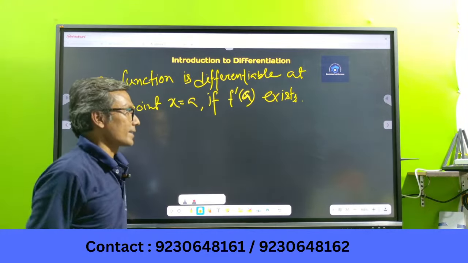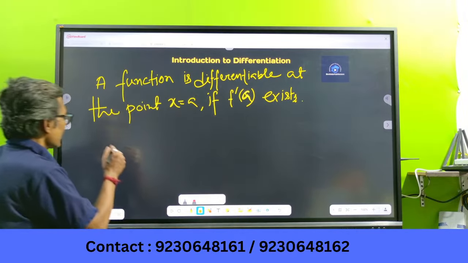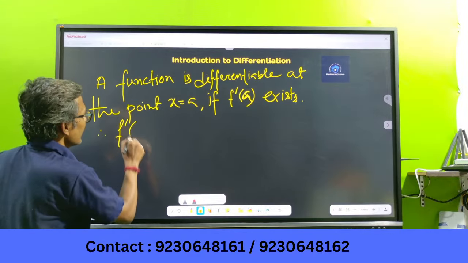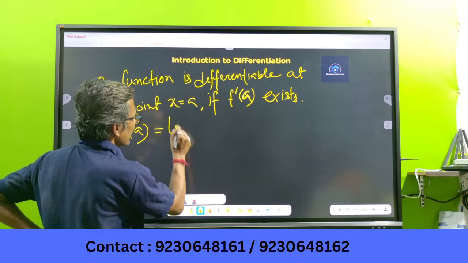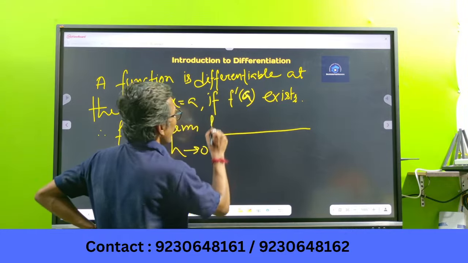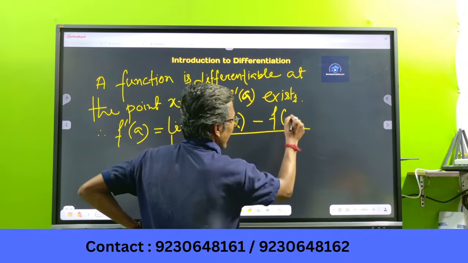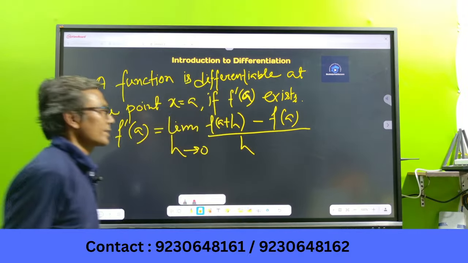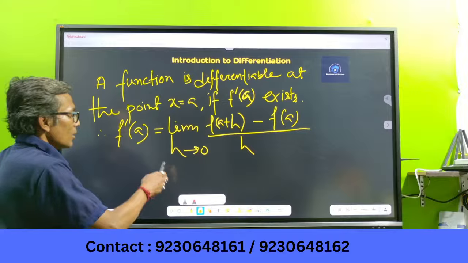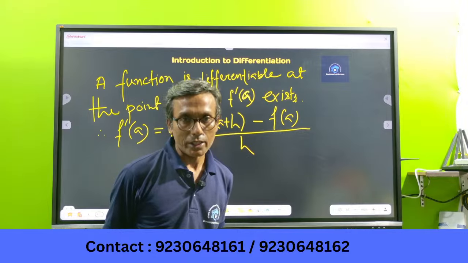The derivative f dash a exists, and it is represented as f dash a equals limit h tends to 0 of f of a plus h minus f of a, divided by h. This is known as the first principle of derivatives. The process of finding derivatives is known as differentiation.